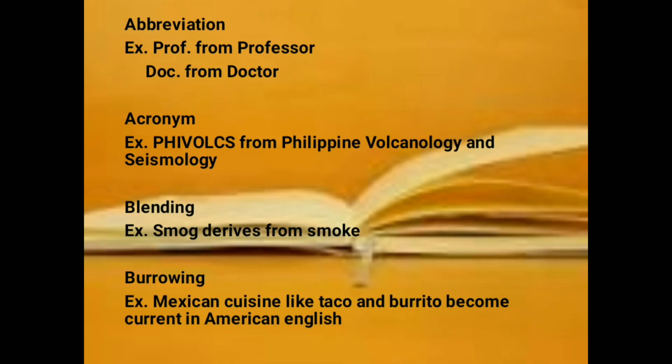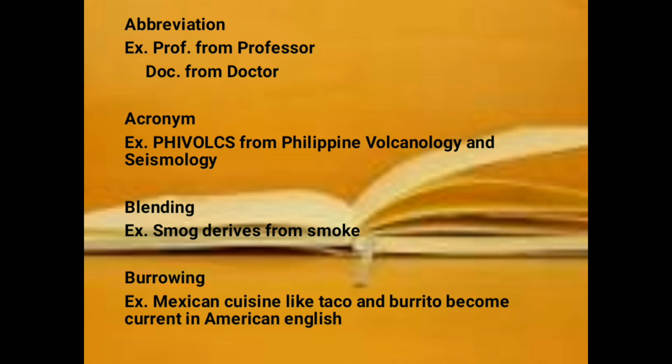Other sources of words besides derivation and compounding make use of coining, abbreviating, blending, and borrowing to create new words. Abbreviation involves the shortening of existing words to create other words, usually informal versions of the original. For example, prof from professor and doc from doctor.